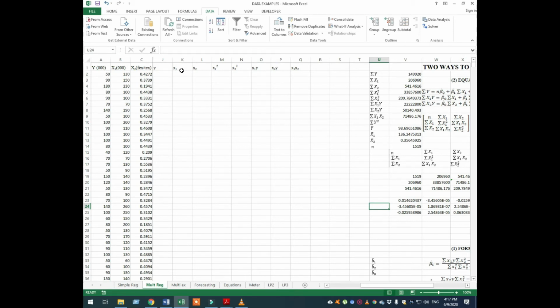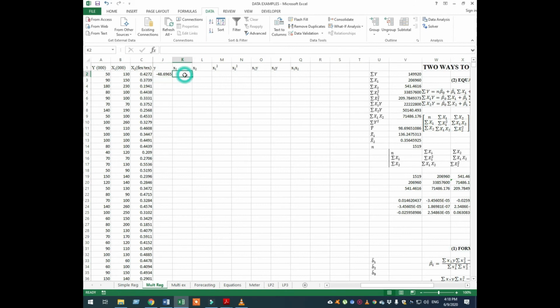Similarly, small x1 is actually the deviation of capital X1, and small x2 is the deviation of capital X2. So if I take the deviation, that would be subtracting the mean from the original value. I am clicking here the original value minus the mean of Y, and locking it for the whole series.